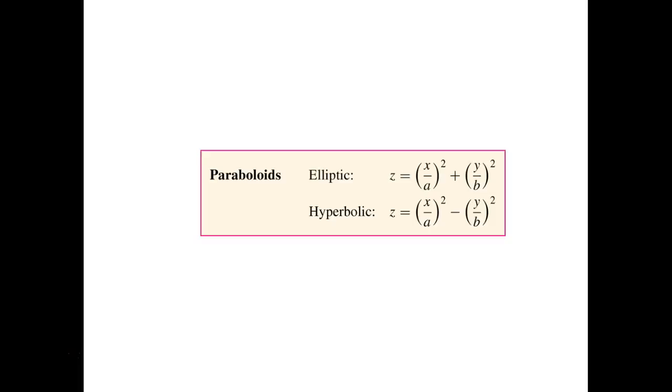Remember also, of the square terms, 2 are plus, 1's a minus. They put it on the other side. I like to put it on this side as the minus. And then a +1 over here is a hyperboloid of 1 sheet. If it's a minus sign over there, 2 pluses, 1 minus, and a minus sign, that's a hyperboloid of 2 sheets.